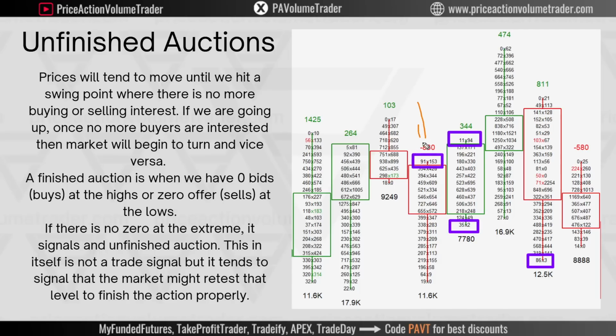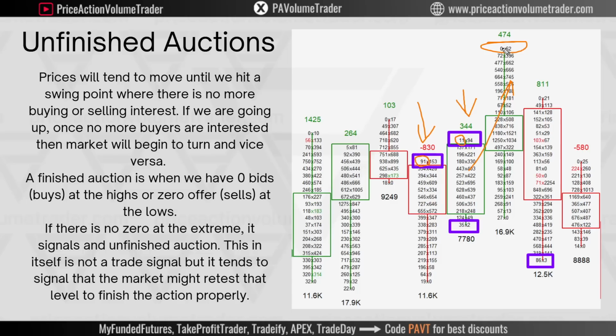So you can see here on these 2 candlesticks, we still had some interested sellers here at the top left. Okay, so in this case, we still had interested buyers here at the top of this candlestick, but then we get this push up, and then you can see here now we have 0 on the bid.